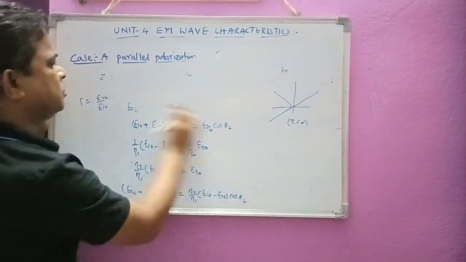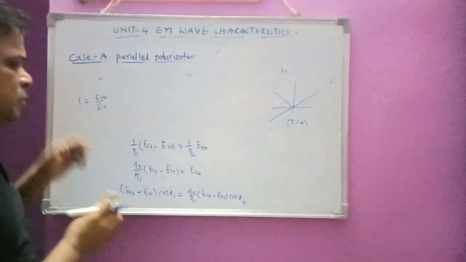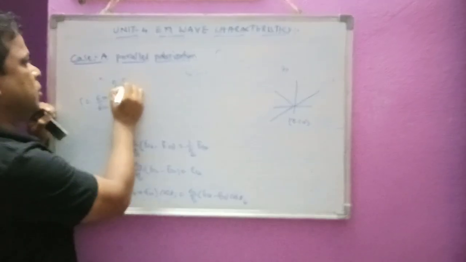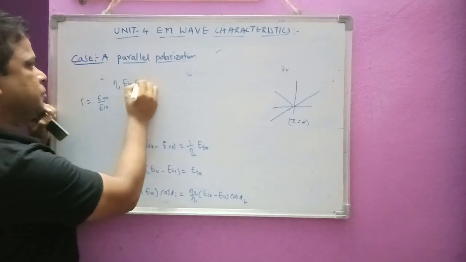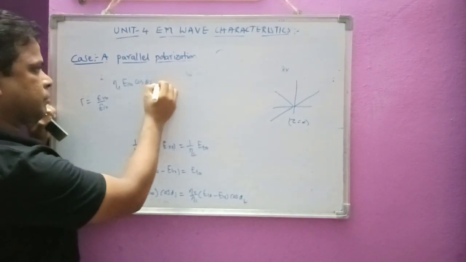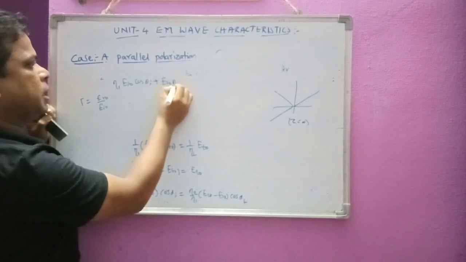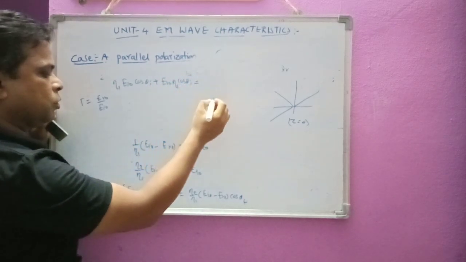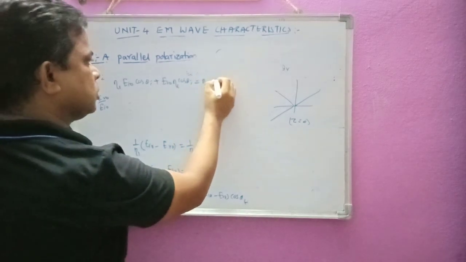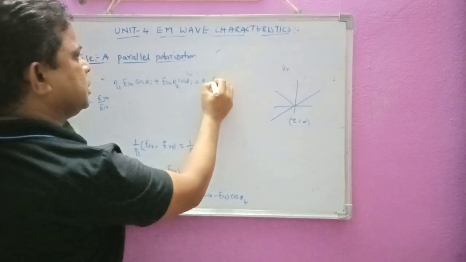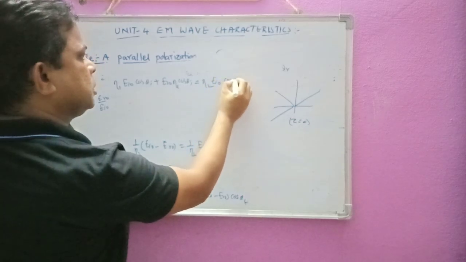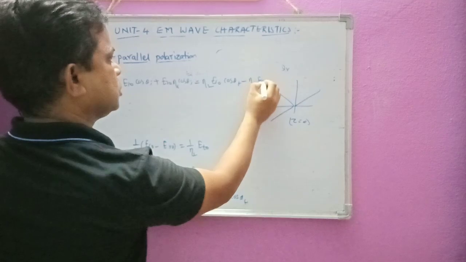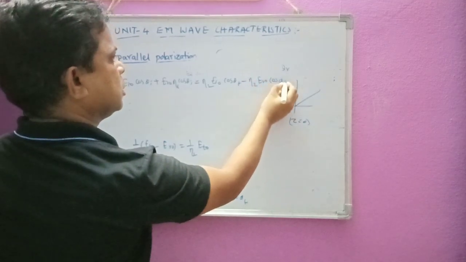Now I have to make the cross product and get the expression: eta 1 EI0 cos theta I plus eta 1 ER0 cos theta I is equal to eta 2 EI0 cos theta t minus eta 2 ER0 cos theta t.